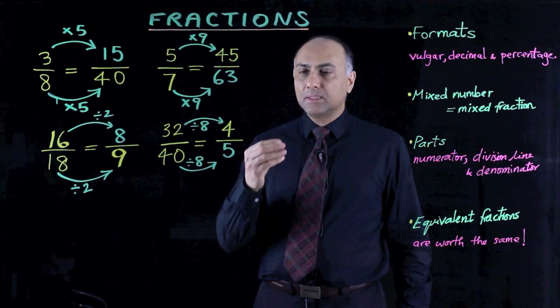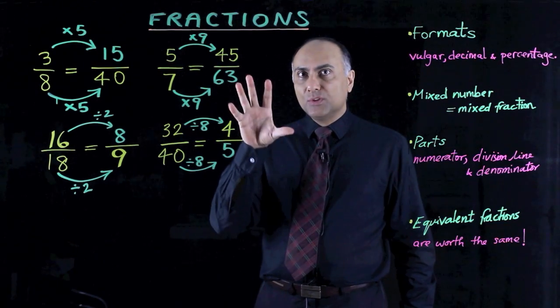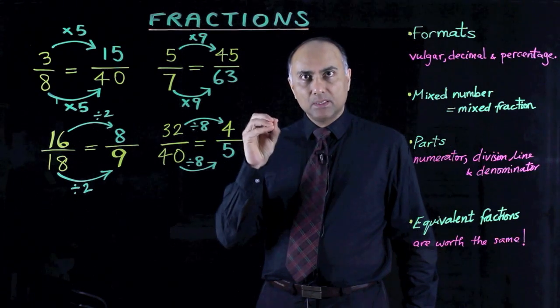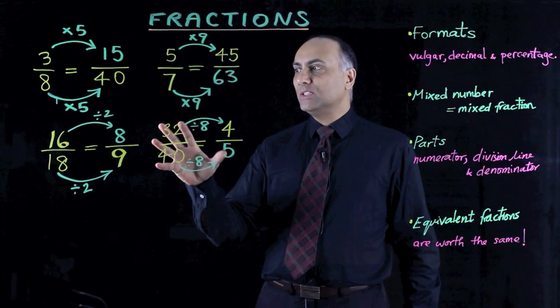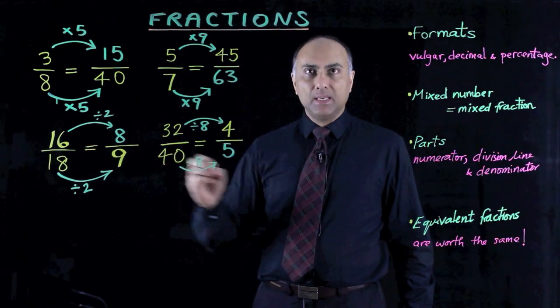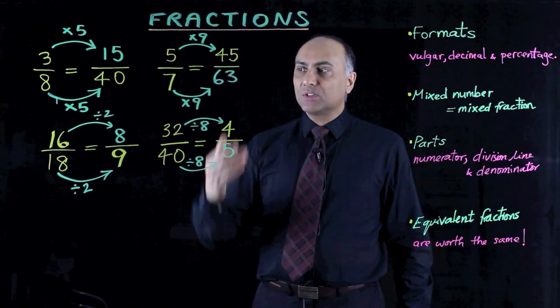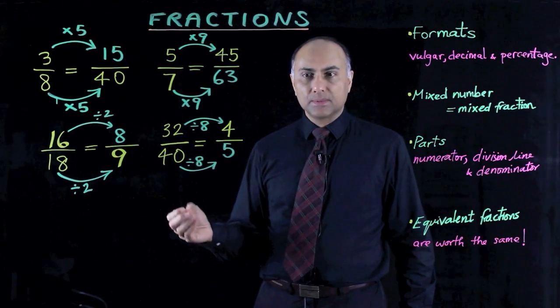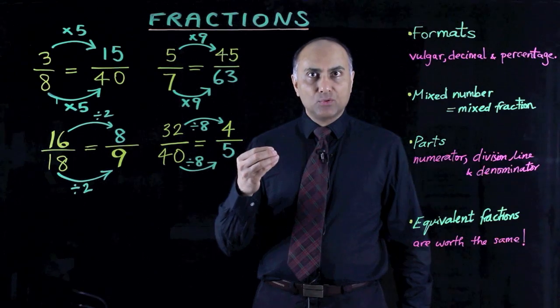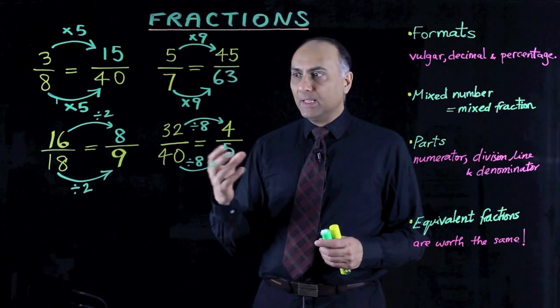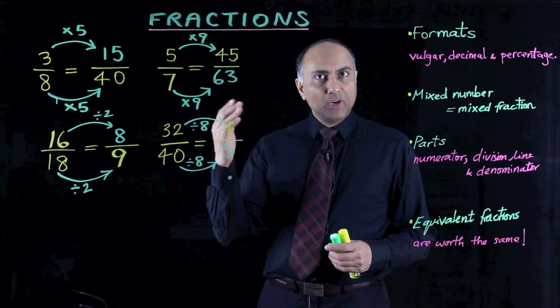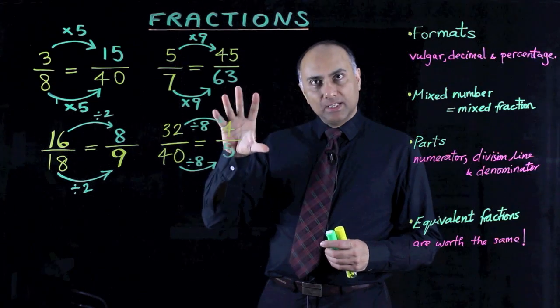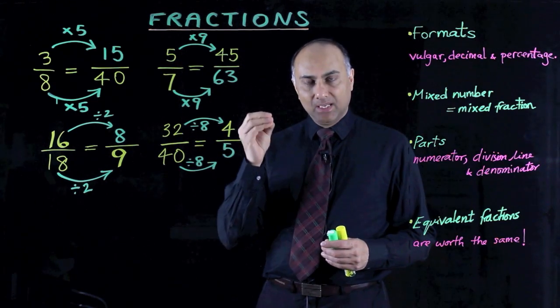Sometimes the task that you have to perform is to reduce a fraction down to its lowest terms. Now, we've actually just done that here and here, but we did it in the process of making equivalent fractions. Reducing a fraction down to its lowest terms simply means dividing the numerator and denominator until it's not possible to reduce them any lower.